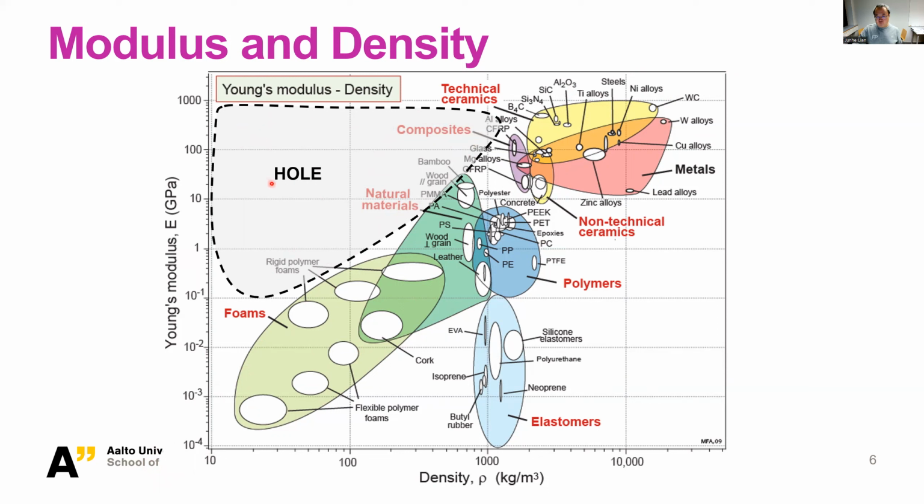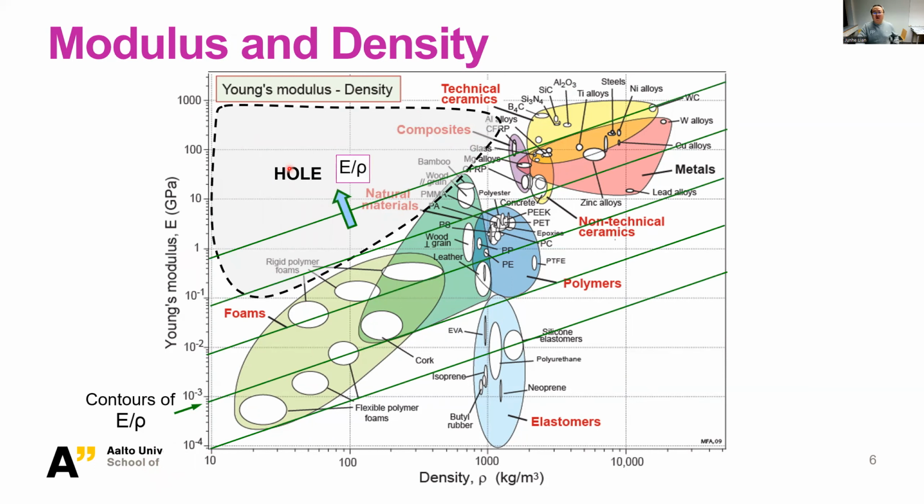Basically, we have no materials available. If we put some contours there, which is E over rho, we want to maximize this for many cases. But at a certain stage, like here, you have nothing to choose because we're running out of our engineering materials, but there's still quite a lot of empty space here.